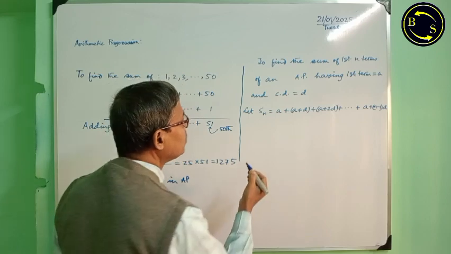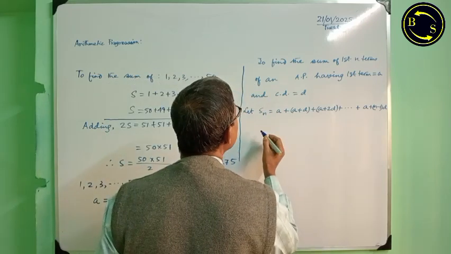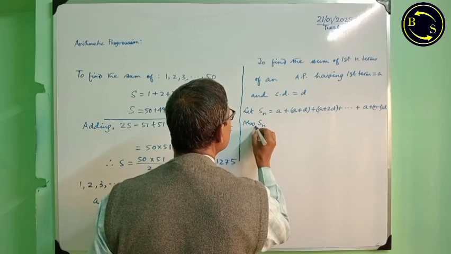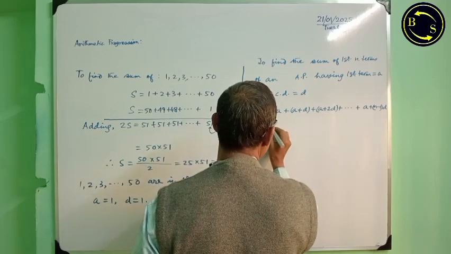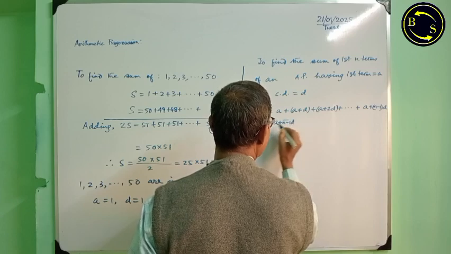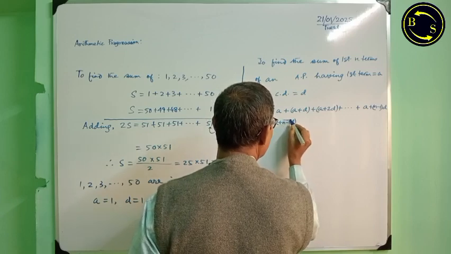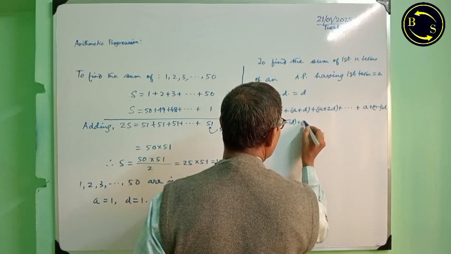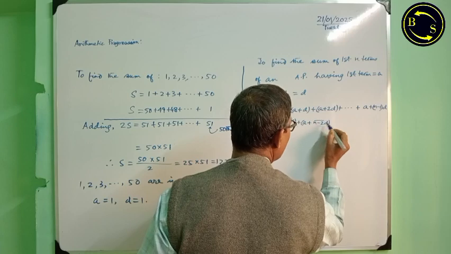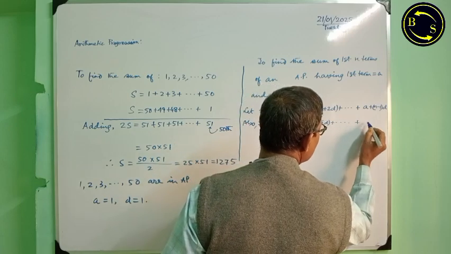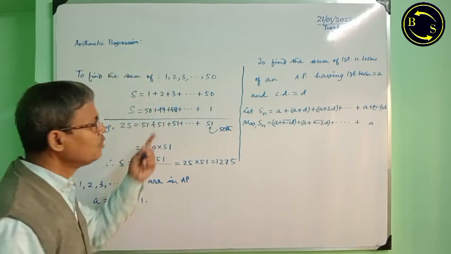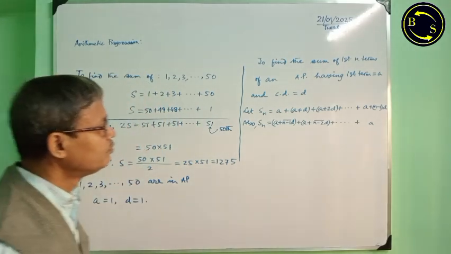Now we write these terms in the reverse order. Here we can mention also Sn equal to, like this, the last term is a. The method used by Gauss.